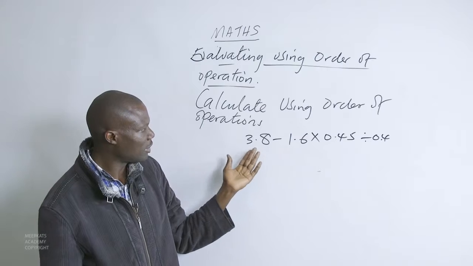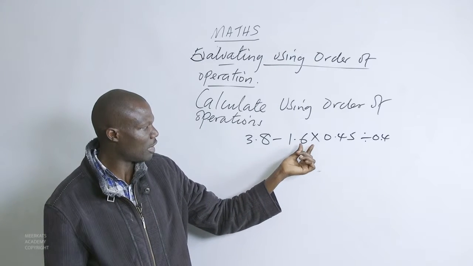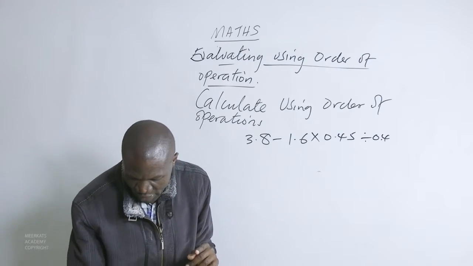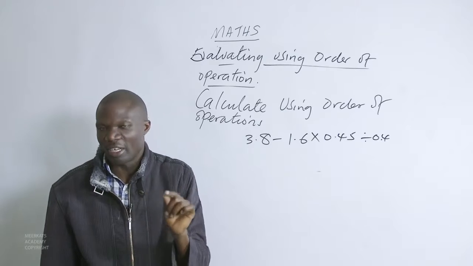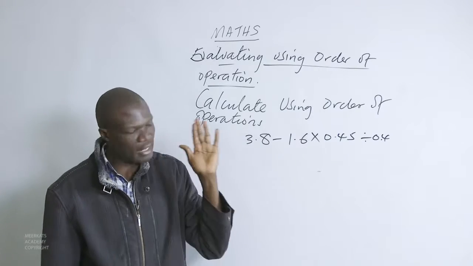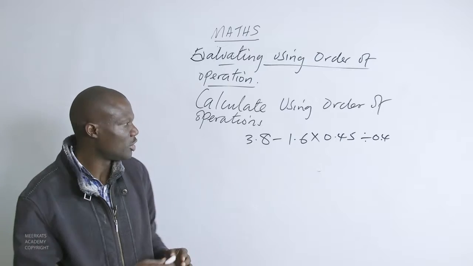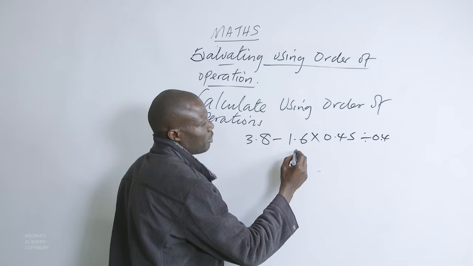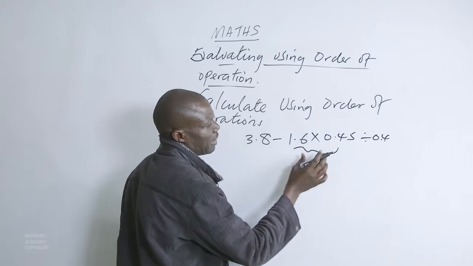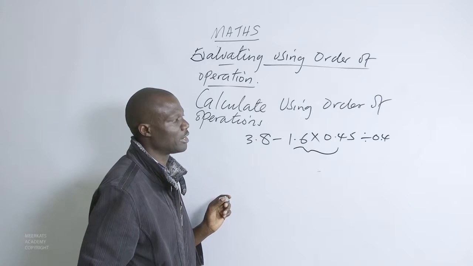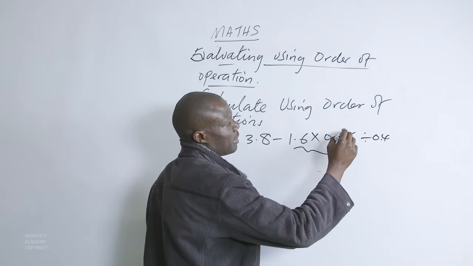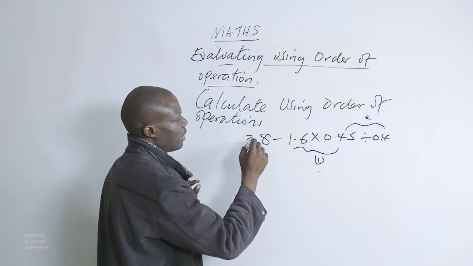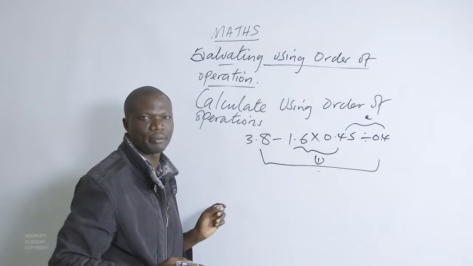In this particular case, bracket is not there. Order of multiplication and division is there. So here, we need to carry out the multiplication and the division, remember, from the left to the right. We shall first handle this as our first step. The second step is that. So this is the first one, the second one, and then the third one will be everything.